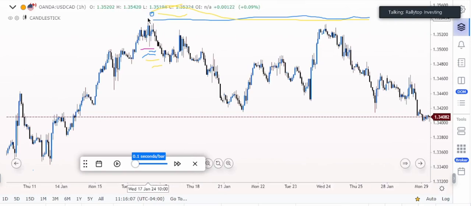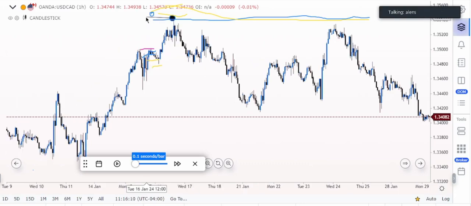We are looking for this high to be taken. This high. Correct.